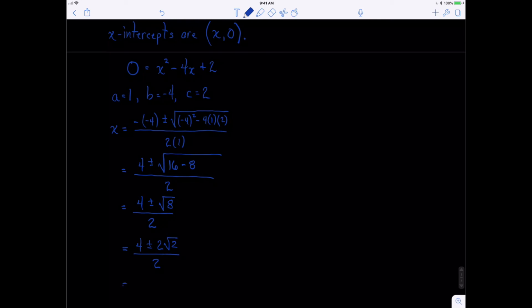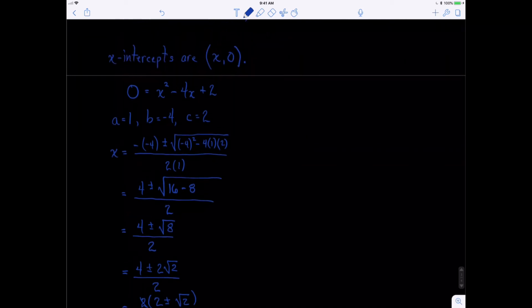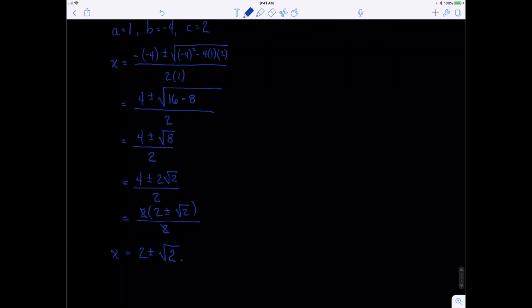We have a common factor of 2, so factor the 2 out, and I have 2 plus or minus square root of 2 over 2. My final result is that x equals 2 plus or minus the square root of 2. Now the square root of 2 is about 1.4.